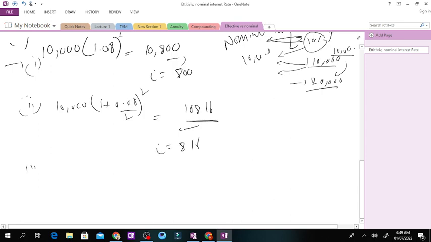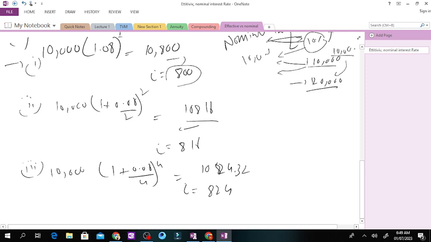If we divide it into a quarterly system, then how much do we have? 0.08 divided by 4, raised to the power 4, then we would receive 10,824.32, almost 824. Now what you are getting is that in the annual system, you would receive 800.